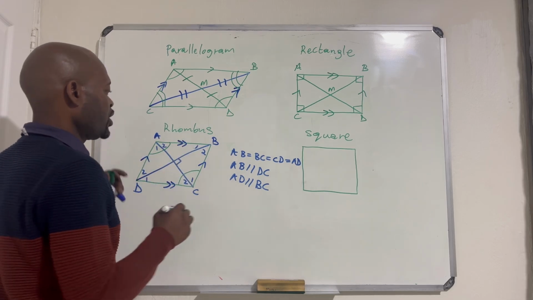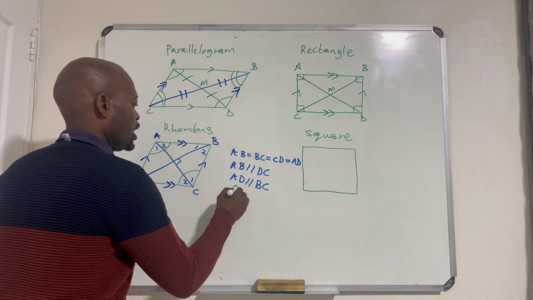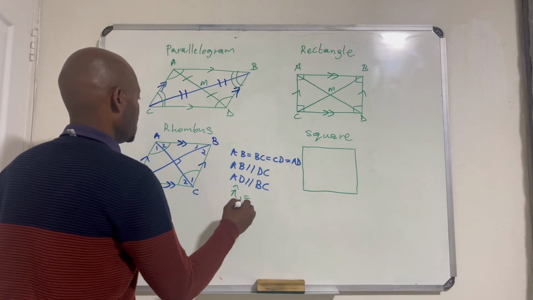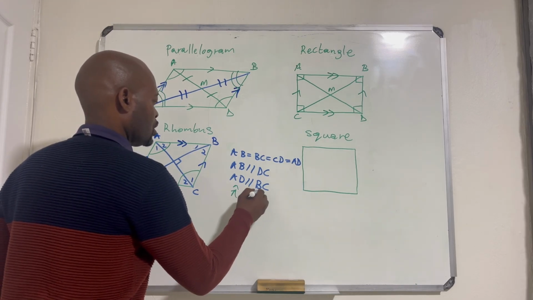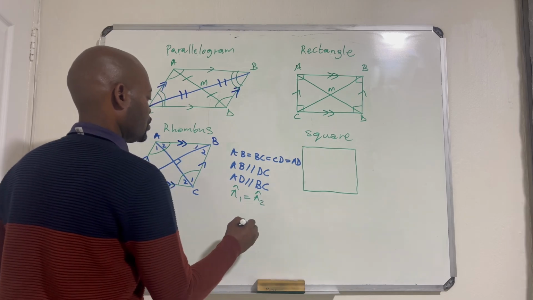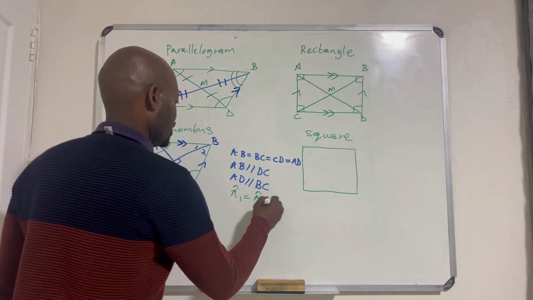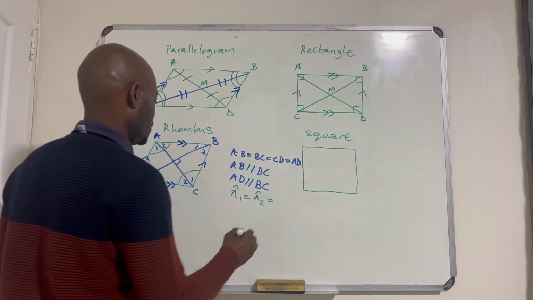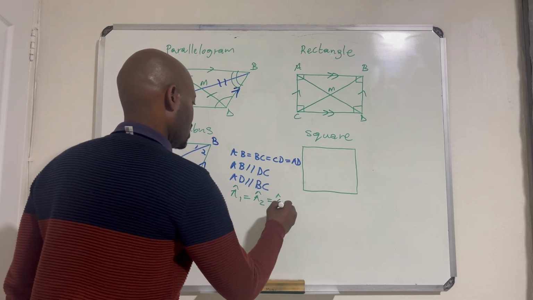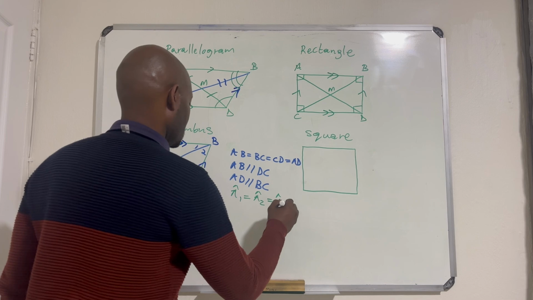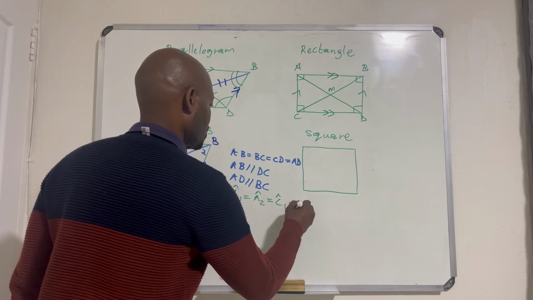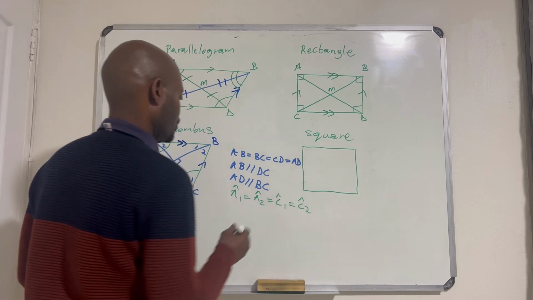But we know that angle A1 is equal to angle A2, which is equal to angle C1, which is equal to angle C2.